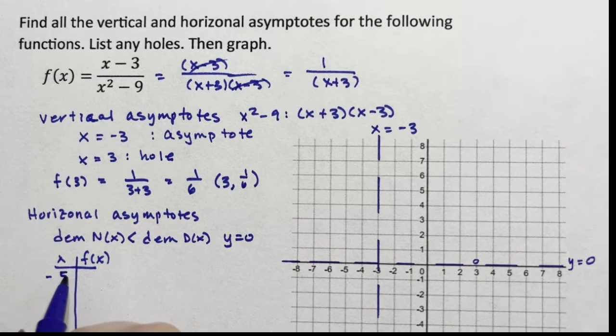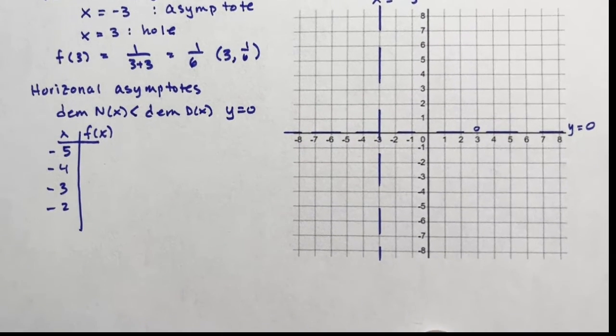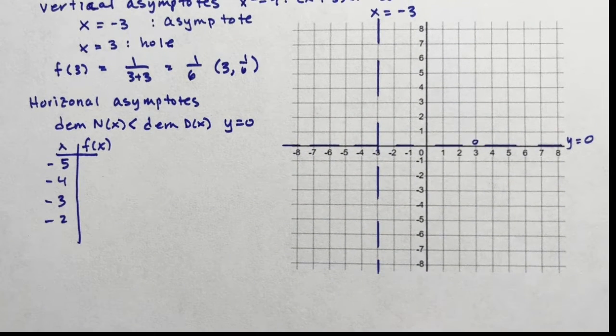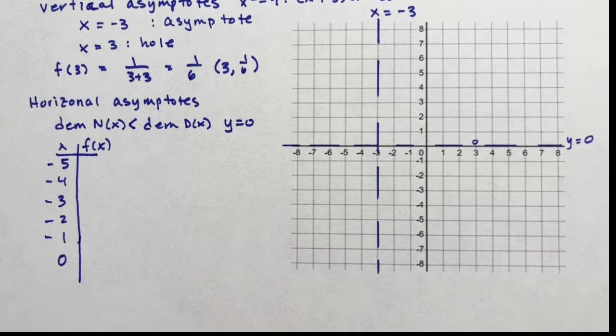So negative 5, negative 4, negative 3, negative 2, negative 1, 0. I need the whole graph on here though, so if we come to here, we're probably good. And I need to plug each of these into that function.